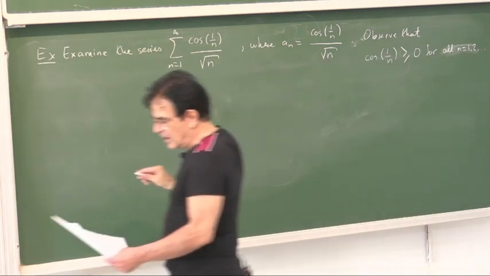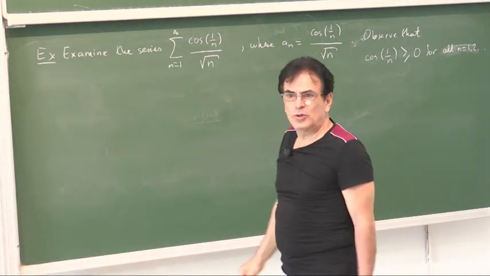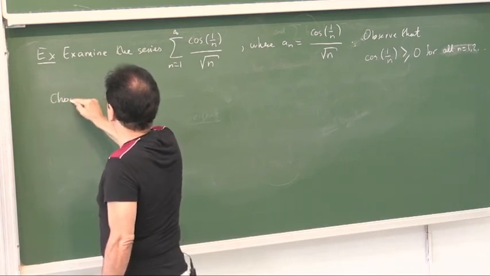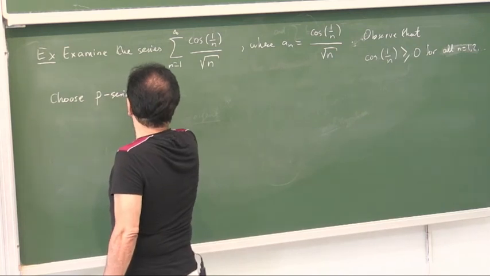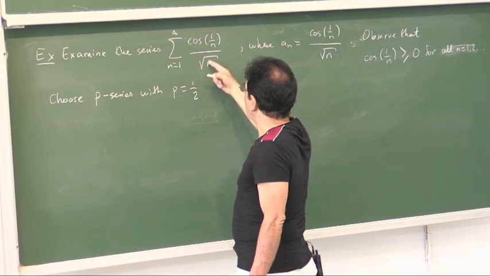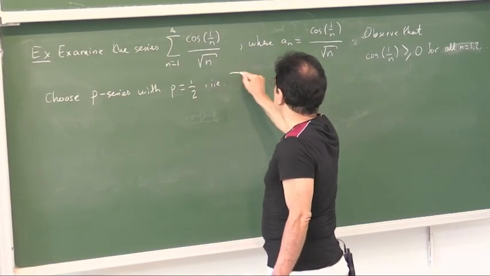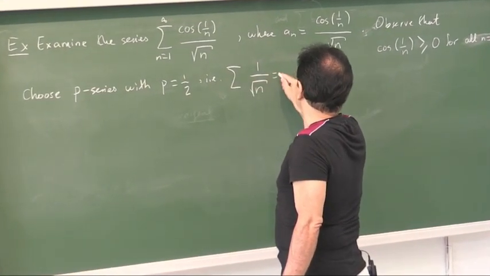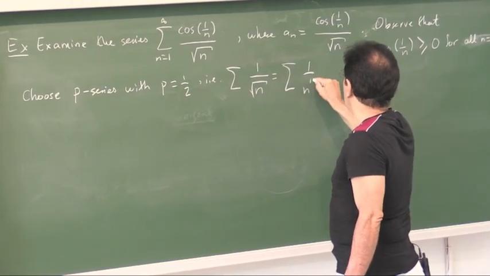Now, you may choose the p-series with p equal to 1/2. That is 1 over radical n, or 1 over n to the 1/2.